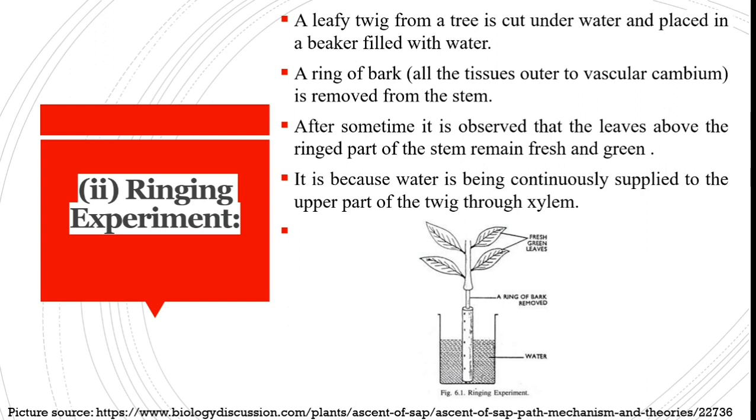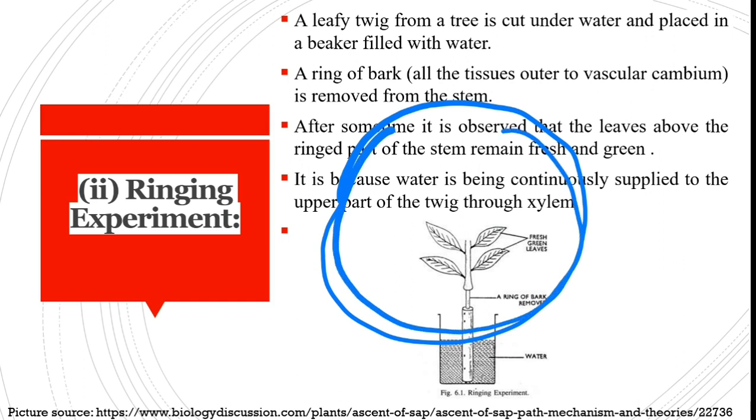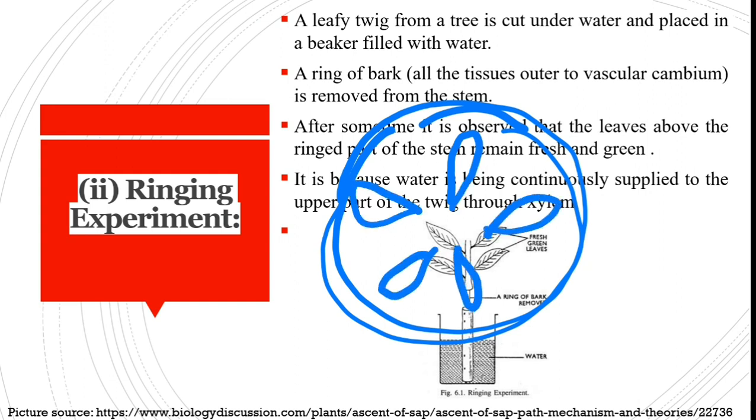What is vascular cambium? Suppose in a cross section of a stem, it is the stellar part of the stem, and here the vascular bundles are placed like this. What is a vascular bundle? The xylem and phloem placed side by side with each other in a stem, and they are conjoint and collateral in case of stem, but in case of root it is radial.